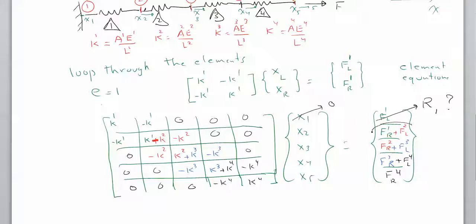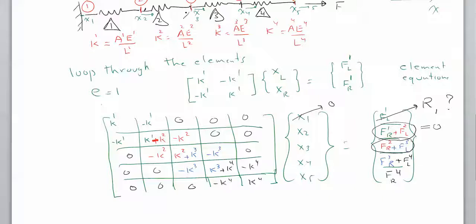How about this? Look at what it's saying. It's looking at the right force of element 1 and the left force of element 2. When you look at your diagram, that is referring to the sum of all the forces applied at node 2, and there is no force applied at node 2, so this is 0. When you look at the second term, it's looking at the right end of element 2 and the left end of element 3, which is referring to node number 3.